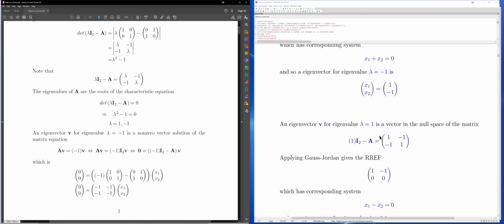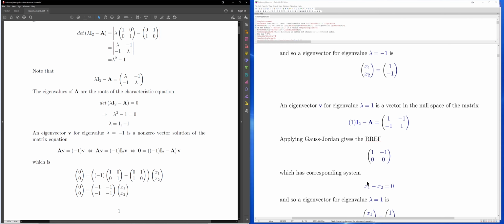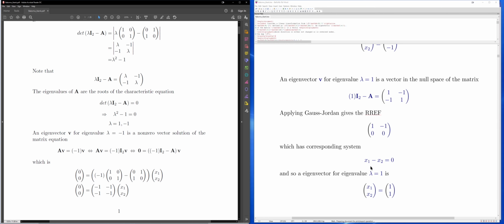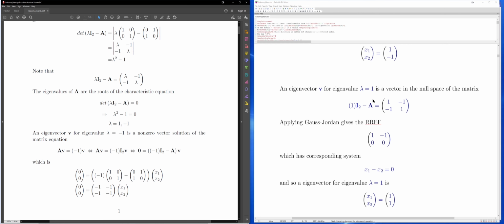To get the null space, I just apply Gauss-Jordan to it and form the associated homogeneous system. For this system, it's clear that a non-zero solution would be when x1 is equal to 1 and x2 is equal to 1. So this solution vector, 1, 1, is an eigenvector corresponding to the eigenvalue lambda equal to 1.